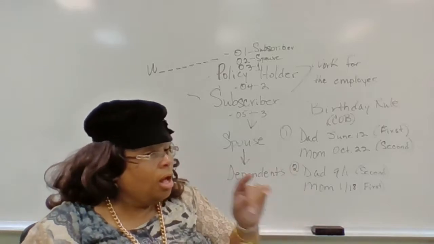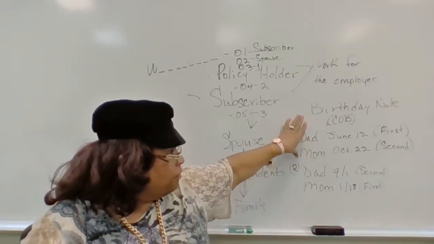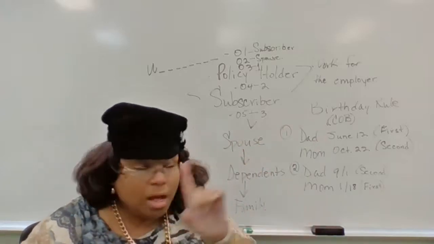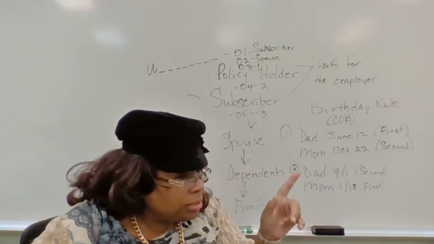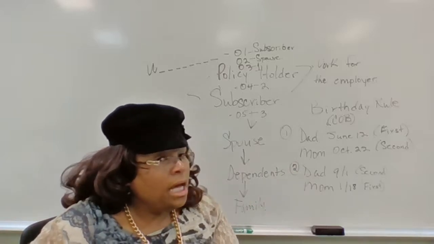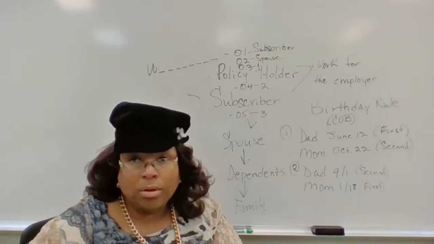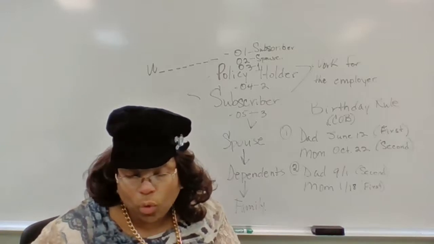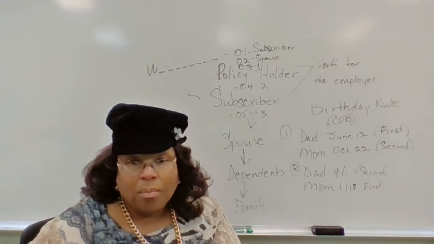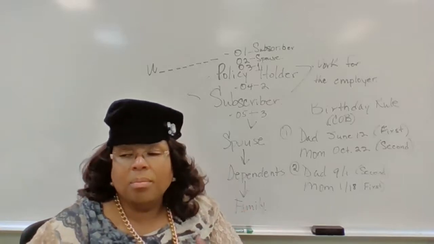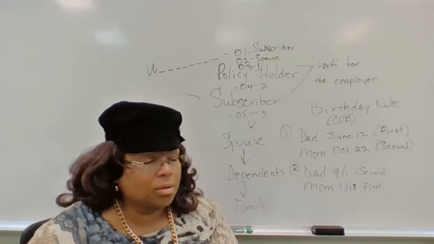Okay. Now, the only stipulation to the birthday rule is a divorce decree. If the parents are divorced, separated, or never got married, there may be a custody decree, but most importantly, let's stick with the divorce decree.